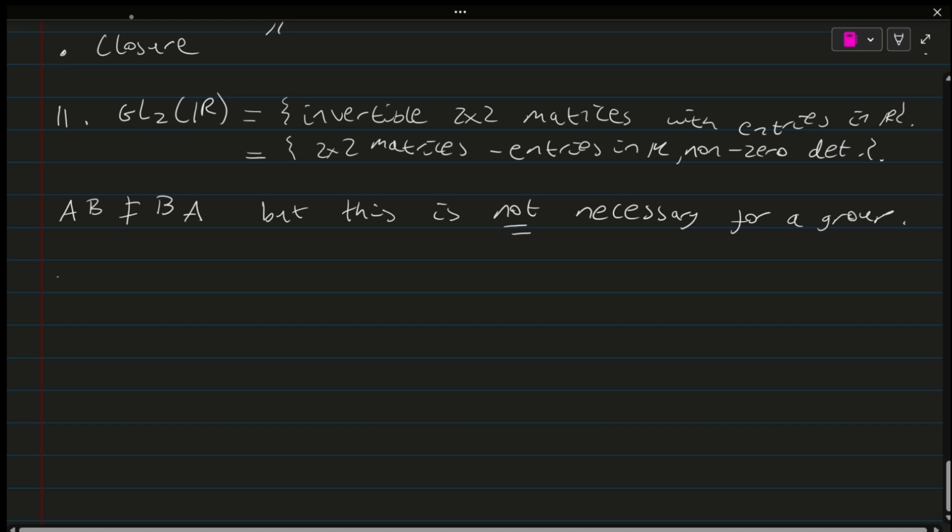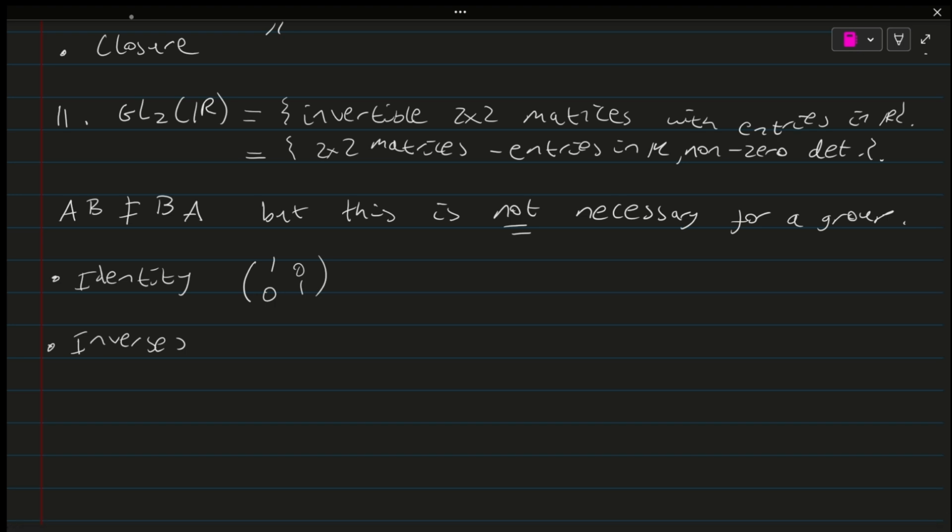We still have an identity, which in this case is the identity matrix, 1 along the diagonal and 0 elsewhere. We have inverses by definition because we've looked at invertible matrices, which is the same as those matrices with non-zero determinant. If you haven't seen that before, don't worry.